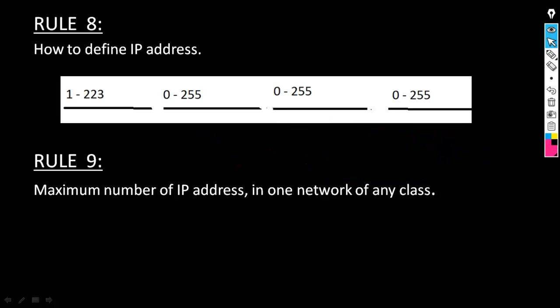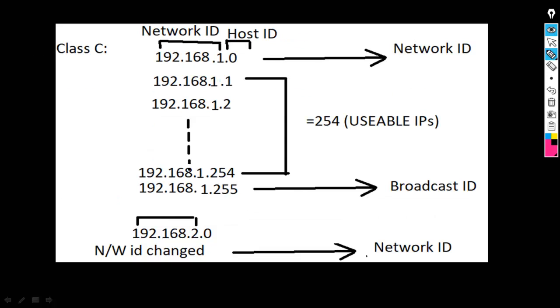Now we'll talk about rule number 9. Rule number 9 says how many maximum IP addresses can be in one network, or the maximum number of IP addresses in one network of any class. Here I have taken the example of a class C IP address, 192.168.1.0.